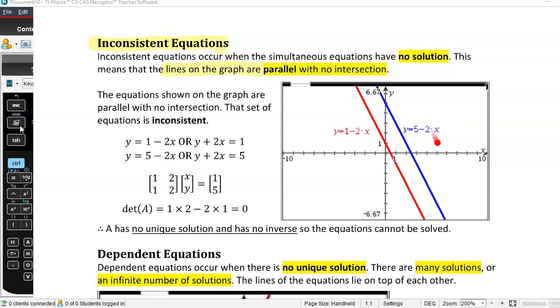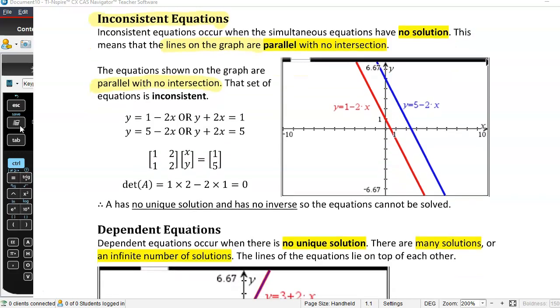You can see here on one that I've drawn up, which is over here, that they are parallel, meaning they're always going to stay the same distance apart and they are never going to cross. So the equations shown in the graph are parallel with no intersection. That set of equations is inconsistent.